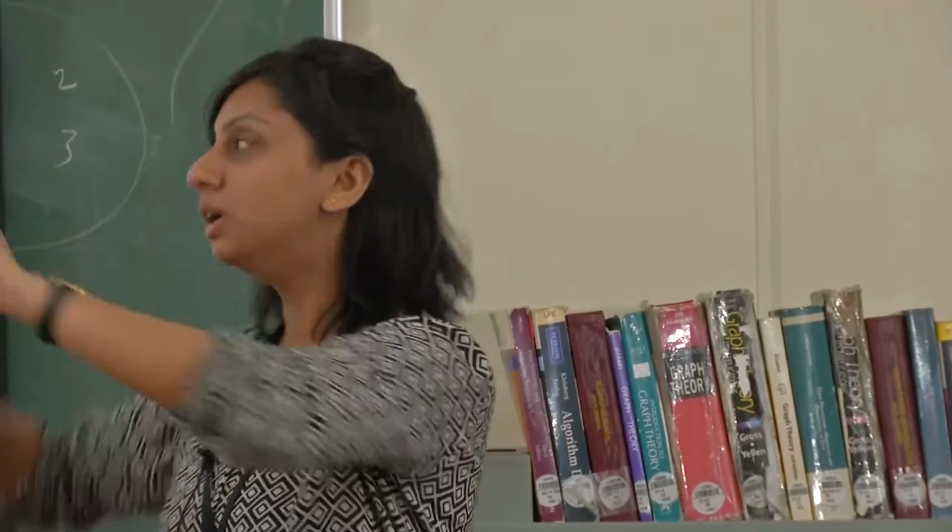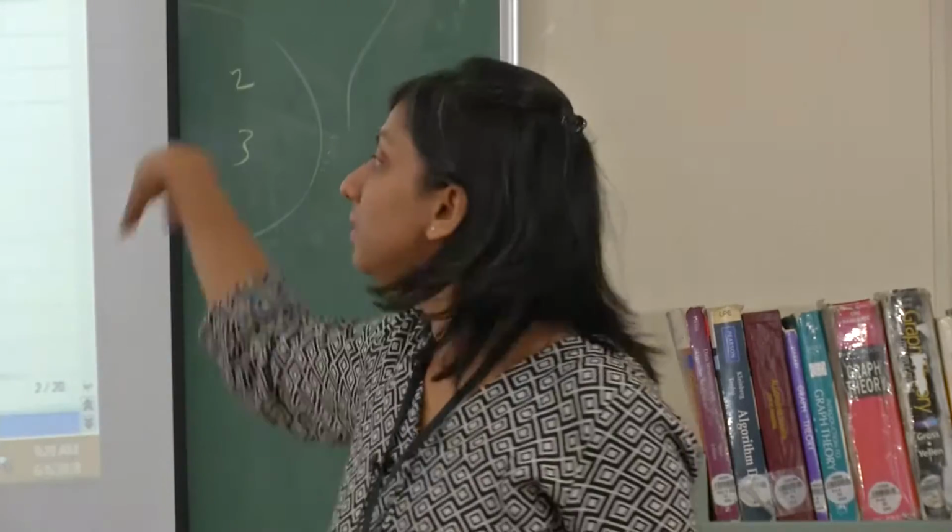I've also given you a set of vertices, say 2 or 3 vertices, and I've asked, can you check if after I delete these vertices from the graph, this graph has no cycle?